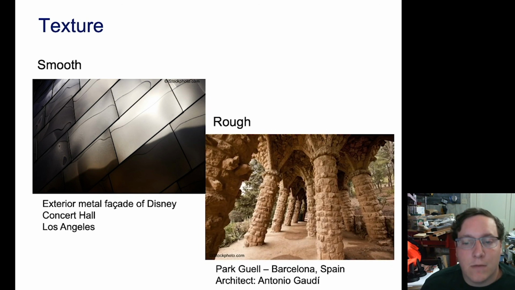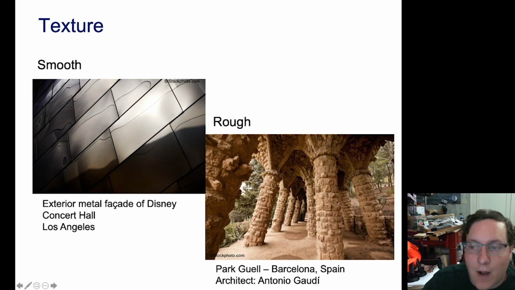Whereas if we look at the Park Güell in Barcelona, we're seeing the bricks, the rocks that have been formed and have gone through hundreds of years of weathering. So even though we see a lot of light, we're seeing a lot of lighter colors, we're seeing a lot of the shadows that are implying that it's a rougher surface.